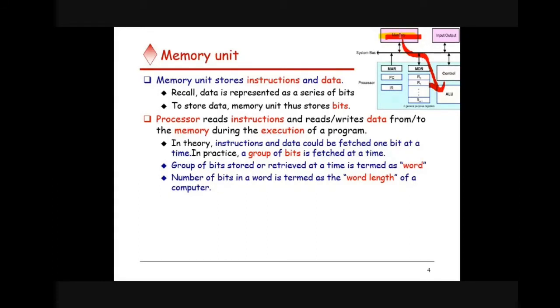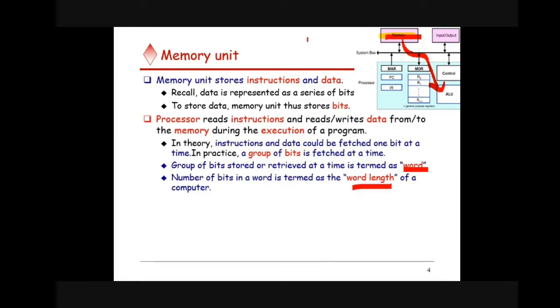Instead, a group of bits together will be taken from memory and given into the processor, or into the ALU unit. And that group of bits together is called a word. The number of bits present inside a word is called the word length.